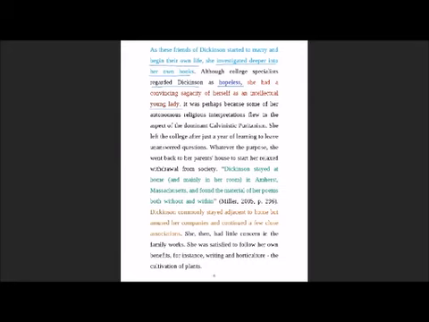She had skillfulness and masterfulness. It was perhaps because some of her autonomous religious interpretations flew in the face of a dominant Calvinist Puritanism. She left the college after just a year of learning, leaving an unanswered question: why?